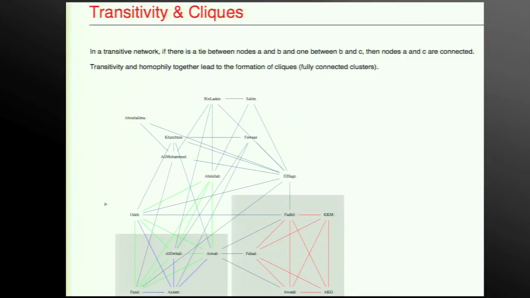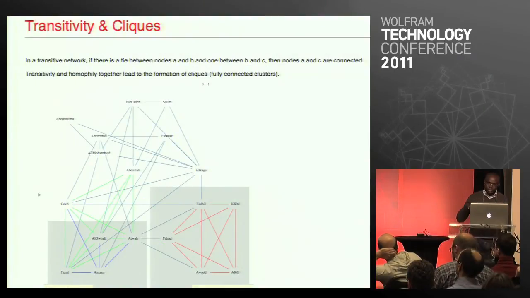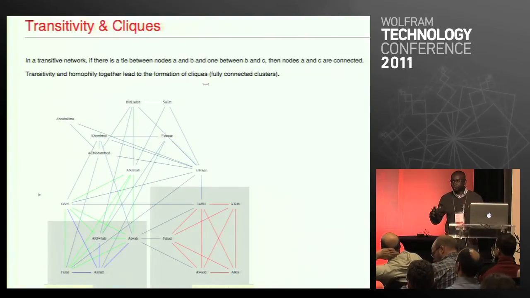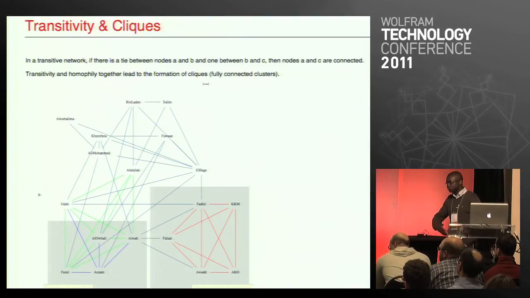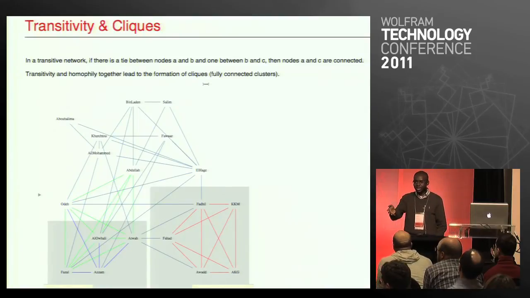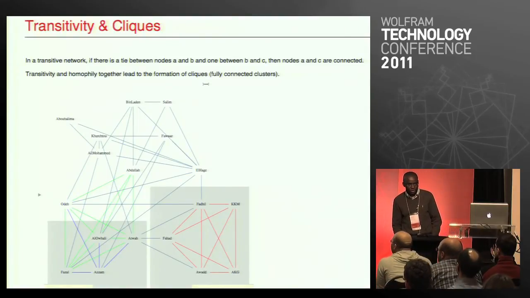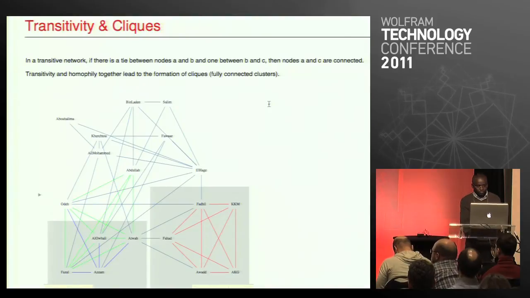The other example I want to talk about is transitivity and cliques. A clique is a subgroup which is fully connected, or you can look at it as a cluster of fully connected people. And transitivity is essentially what you usually think about in mathematics: if A and B are connected and B and C are connected, then A is connected to C. When you bring these two properties together, they are a crucial and important characteristic of networks.